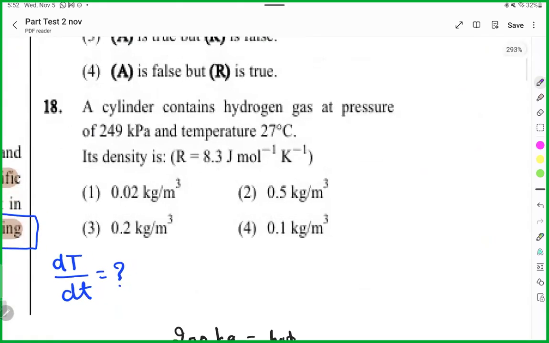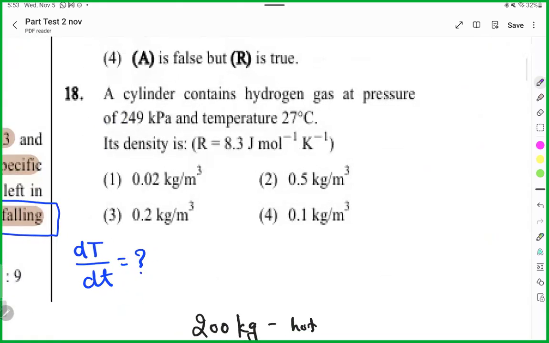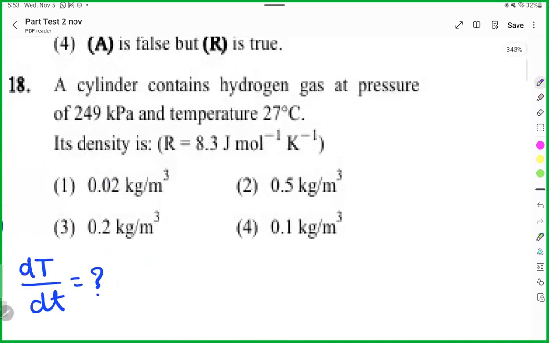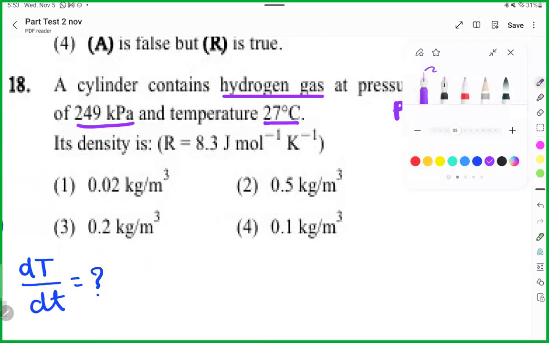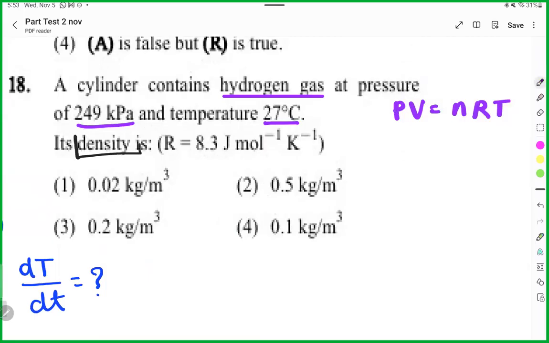This is from the next chapter, but you can still solve it because of the formula PV is equal to nRT. Write this formula. You have hydrogen gas, pressure and temperature are given. What you are supposed to calculate is density.